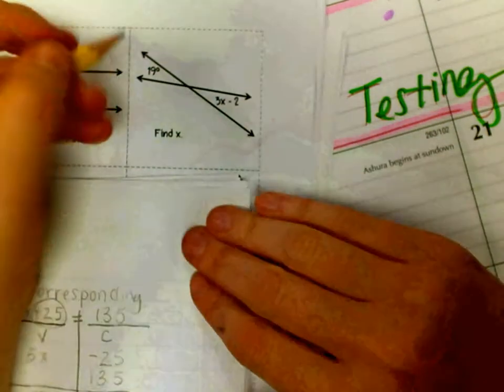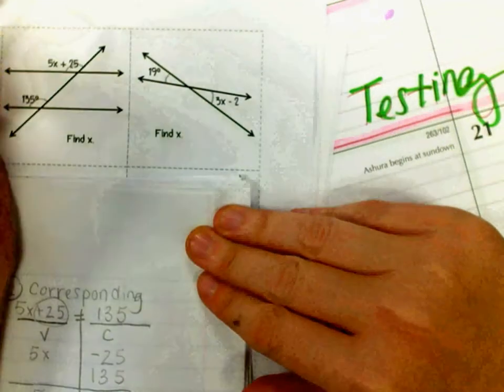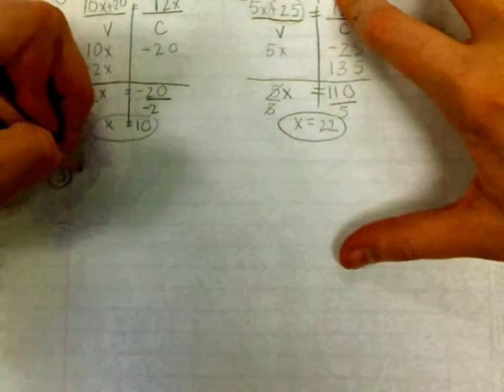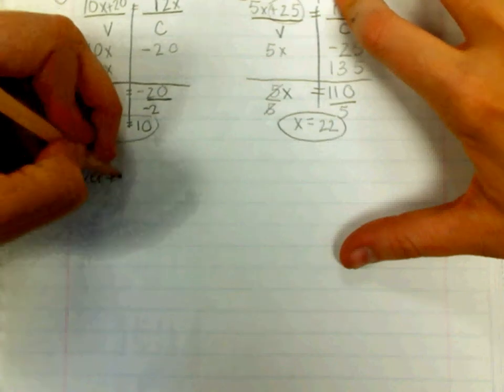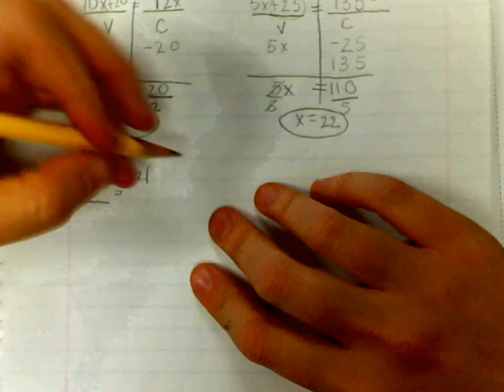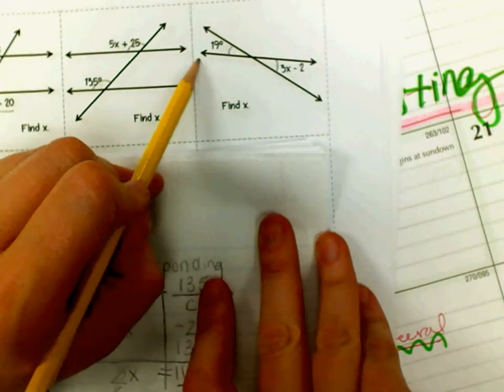So this one, they're across from each other and they make a little V, a little bow tie, as we said. So these are vertical. Vertical angles are congruent. So vertical, they're congruent, so blank equals blank. And here it's 3x minus 2 equals 19.